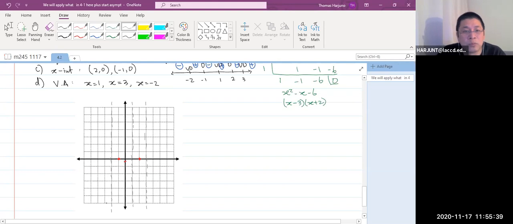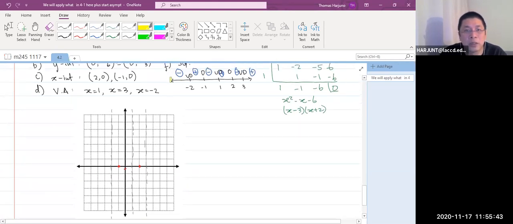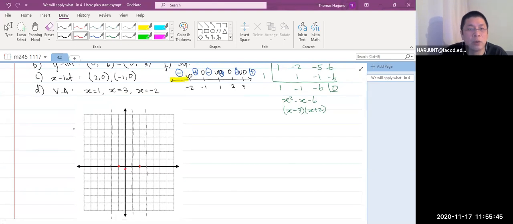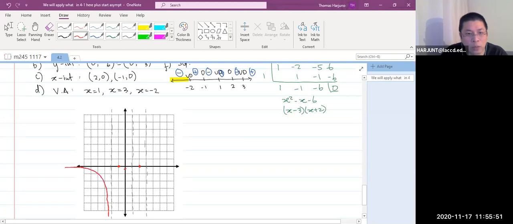Then, to the left of negative 2, that's negative, which means it is below the x-axis. So it will come from the horizontal asymptote y equals 0 going back. Between negative 2 and negative 1, that will be positive.